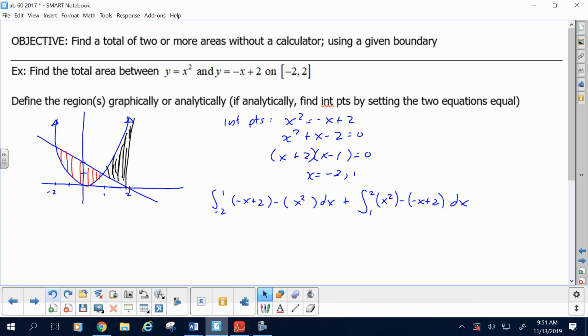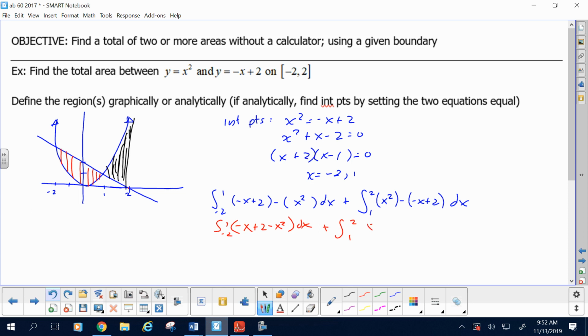Okay? Do a cleanup step, you think? I'd say so. All right, let's be safe, shall we? Negative x plus 2 minus x squared is the first integrand, or thing I'm going to integrate.